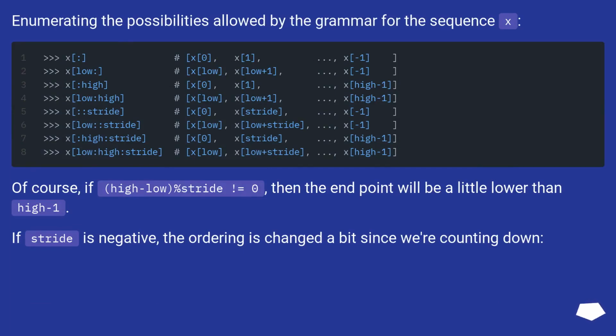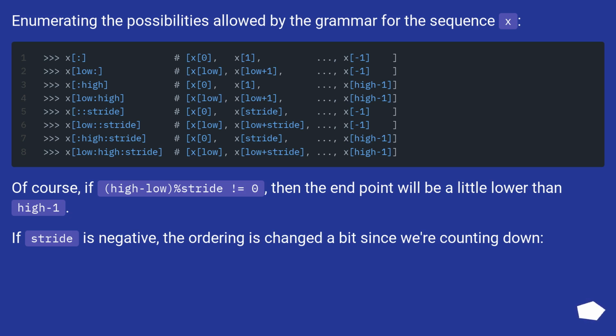Enumerating the possibilities allowed by the grammar for the sequence x. Of course, if (high-low) % stride != 0, then the endpoint will be a little lower than high-1.